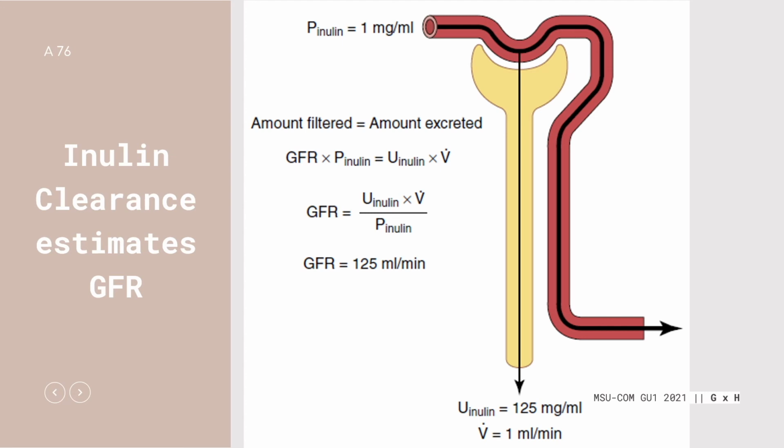Therefore, to measure GFR via inulin clearance, it must be administered intravenously. That is why, despite being accurate, usage of this substance is not practical. Therefore, other than inulin, we can utilize other substances. The most commonly used substance to estimate GFR is creatinine.